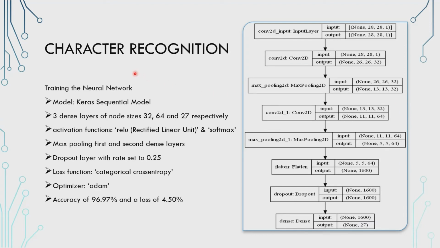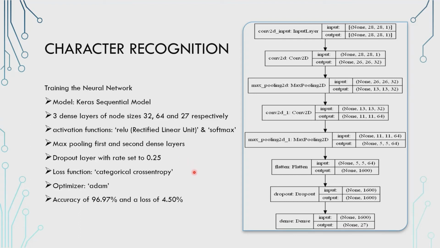And this right here is our neural network. Our neural network is a Keras sequential model. It has 3 dense layers of node sizes 32, 64, and 27 respectively. The activation functions used are ReLU and softmax. Max pooling is done after the first and second dense layers. A dropout rate is set to 0.25.